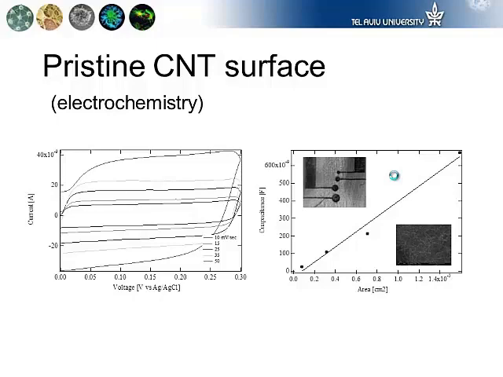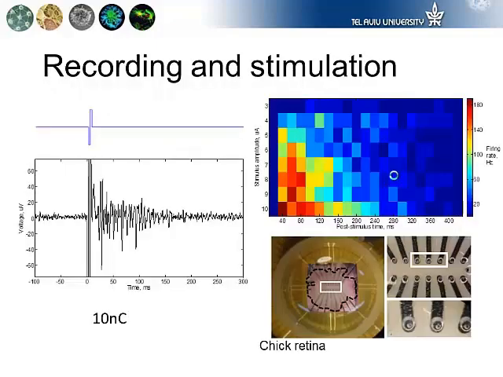But the bottom line is that if you know how to do it, you end up with a pretty nice, very simple protocol to produce flexible electrodes with very good electrochemical properties using a very simple, straightforward process. So no need for multiple preparations and multiple processes.